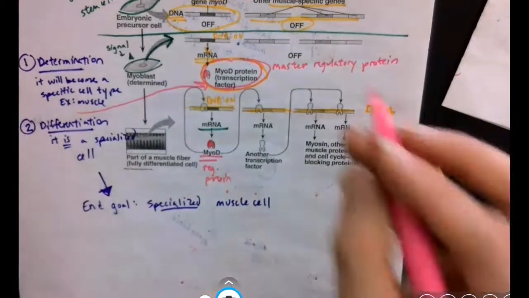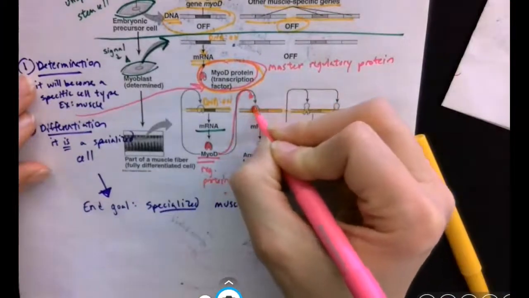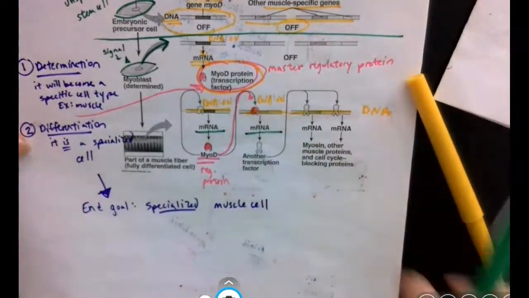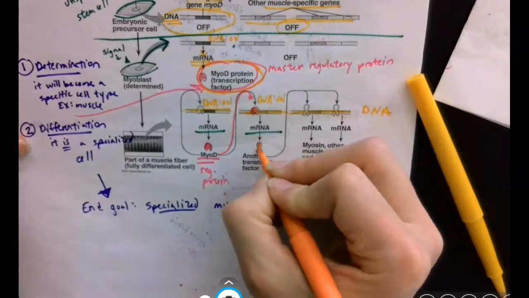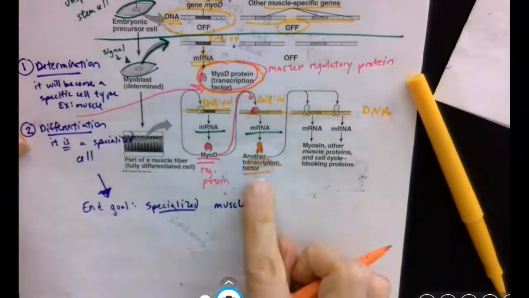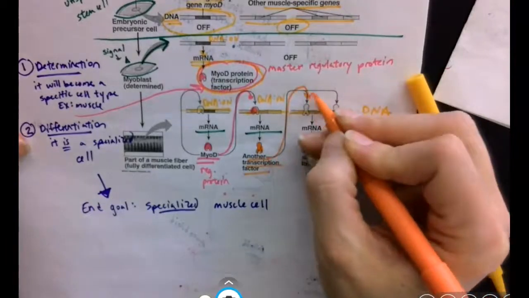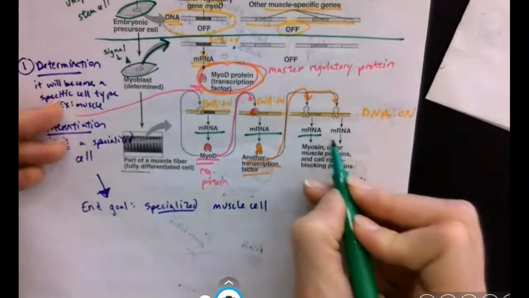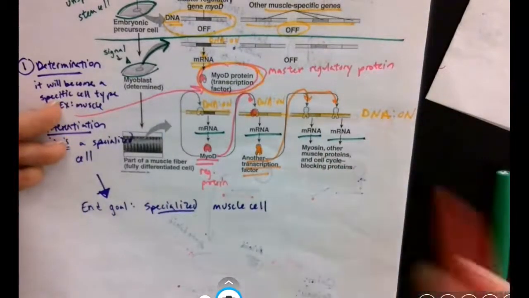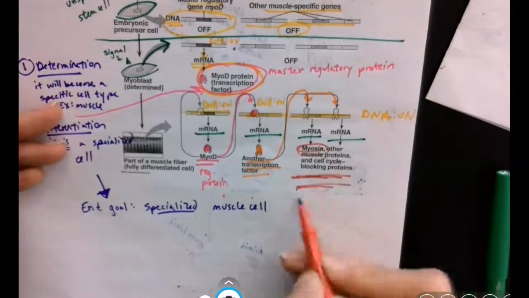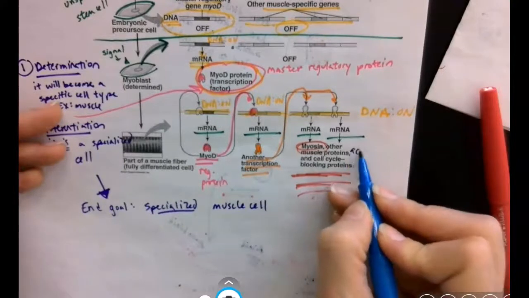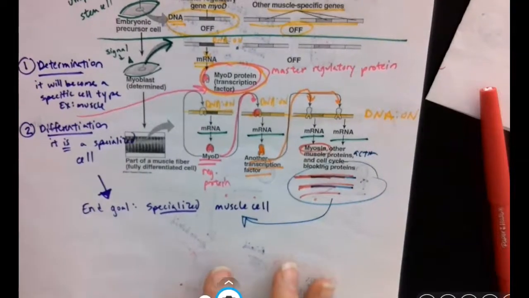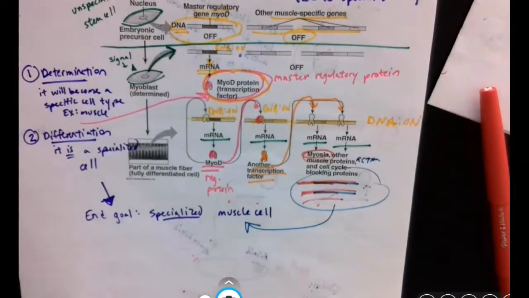Well, this MyoD regulatory protein is going to go and turn the DNA on so it can produce mRNA, so it can produce another transcription factor. This transcription factor is going to go to other locations on the DNA, turn this DNA on so we can produce the mRNA, and we can produce other muscle proteins. We can produce myosin, and we can produce actin, and we can make our specialized muscle cell. So that's the process of how cell differentiation and cell specialization occurs.